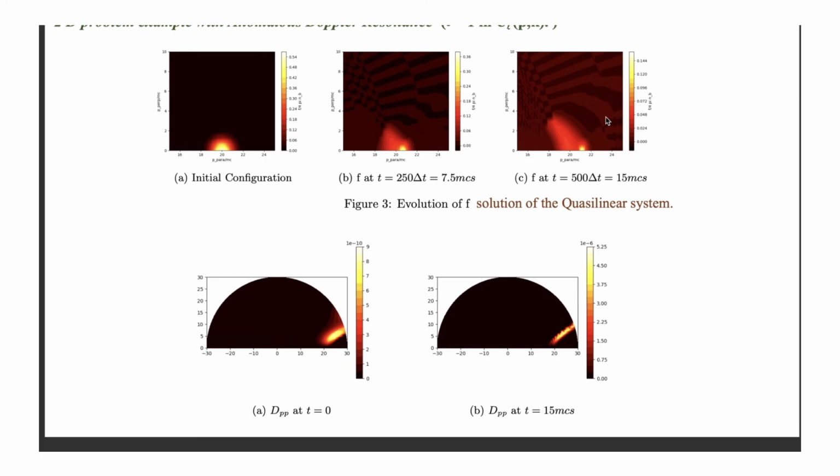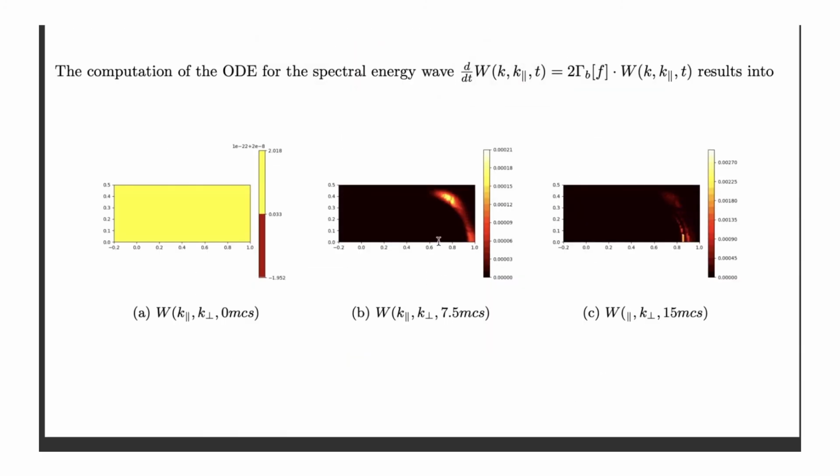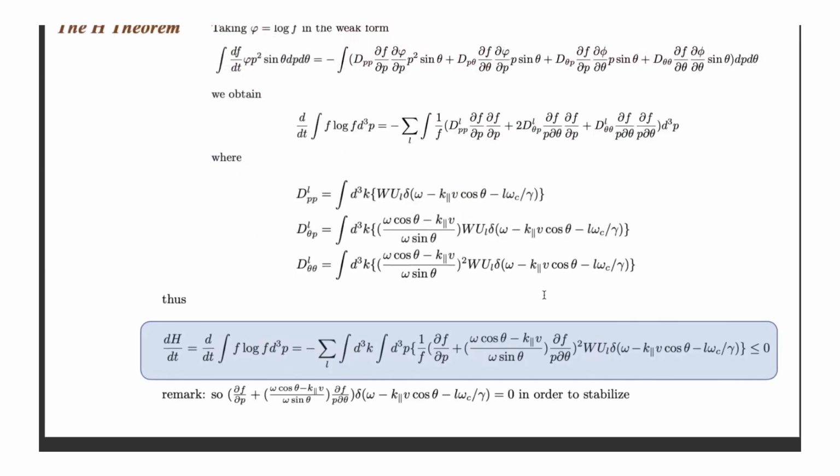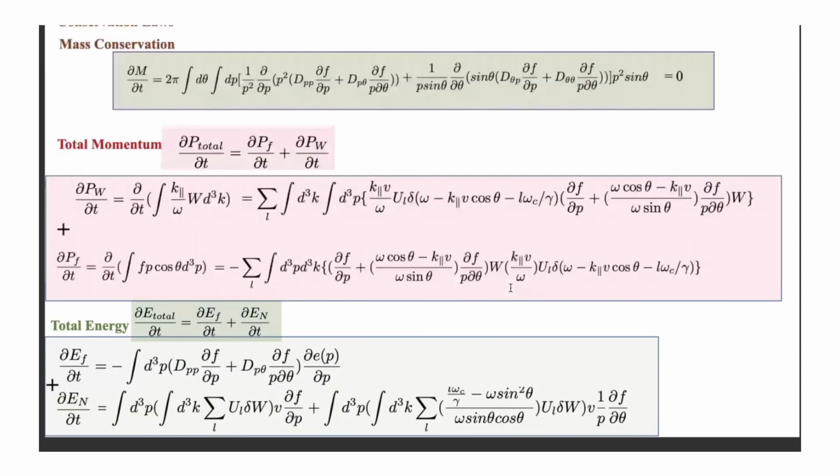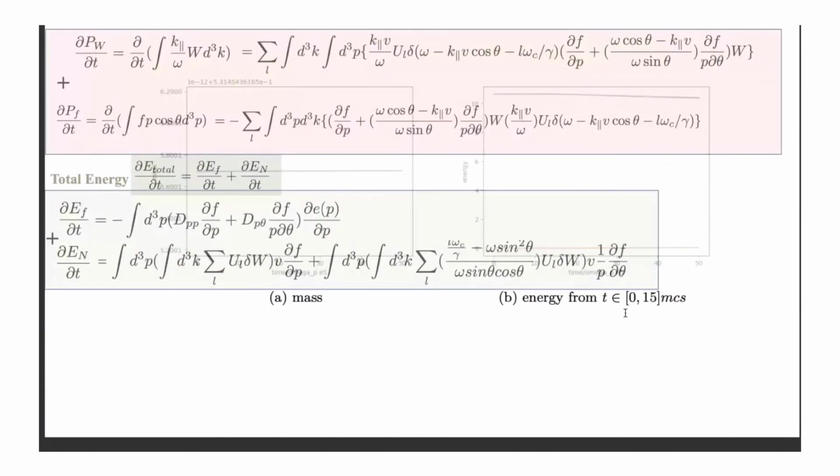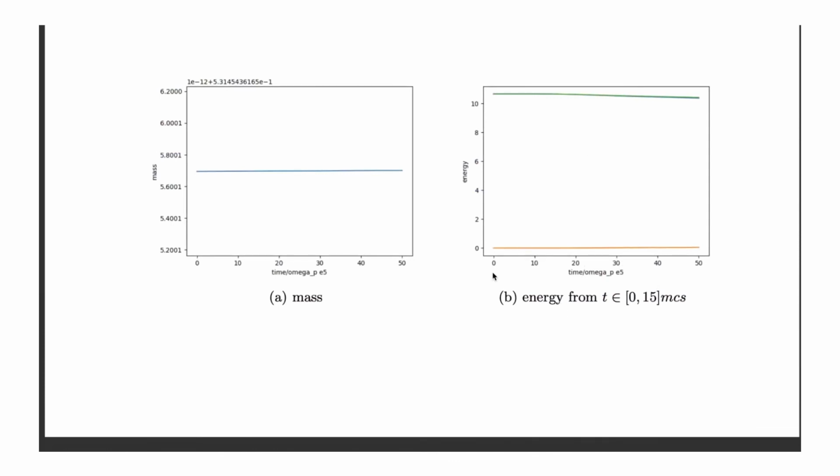Then this is the calculation of the spectral wave, and we have an H theorem. This we have not calculated yet, but we did calculate the conservation of mass, momentum, and energy. If you do the energy alone, it's kind of high. We lose a little bit to the time integrator.